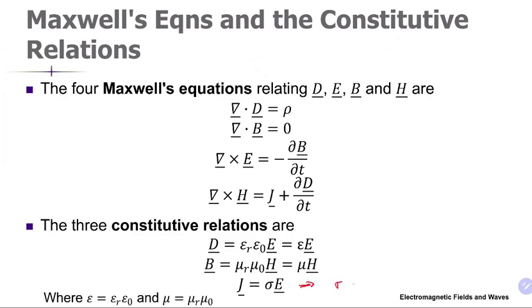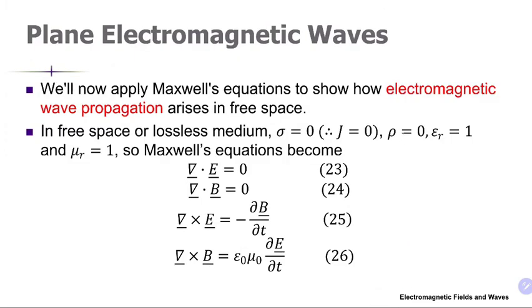When the conductivity is equal to zero, the current density will be equal to zero. And then the charge density in free space is also equal to zero, and in free space the relative permittivity is equal to 1, and the relative permeability also equals 1.